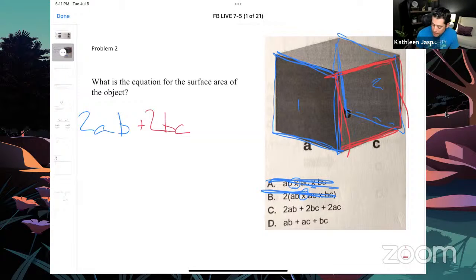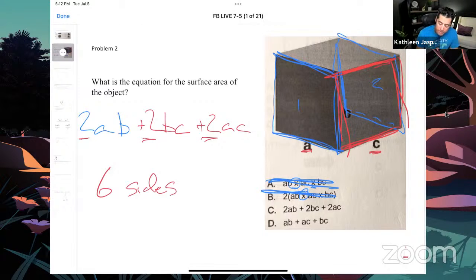And then now the bottom, and I'll just circle these right here. The bottom makes up A times C. So A times C, and how many of those? There are 2. So see how there's 2, 4, 6. There's 6 total sides in the cube. And that's where I get my 6 sides. Looking at answer choice C matches up nicely for that.